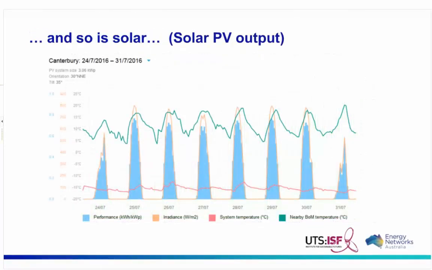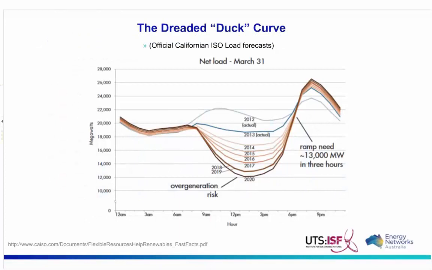So for the new energy ecosystem, the new electricity system that is going to emerge over the next decade or so, we need to be able to respond to this change in the generation mix. And one way of capturing this challenge is what has now become quite popularly called the duck curve.